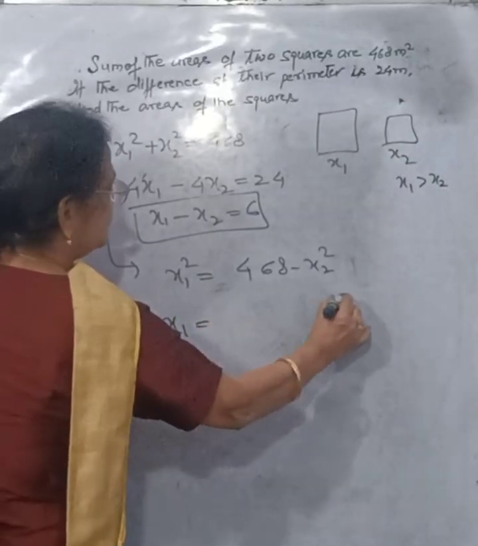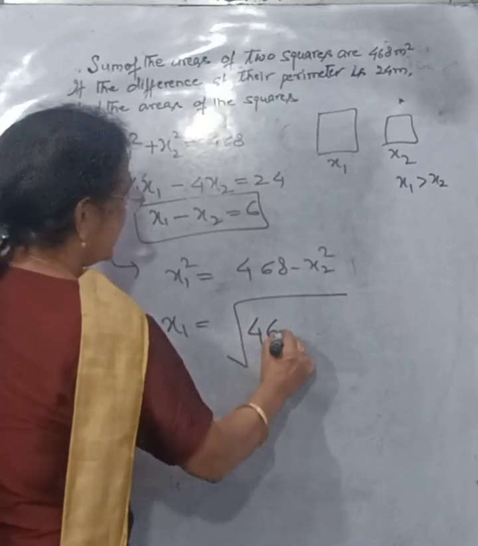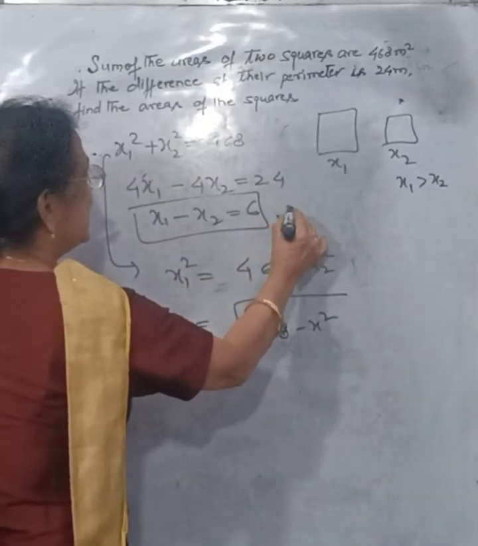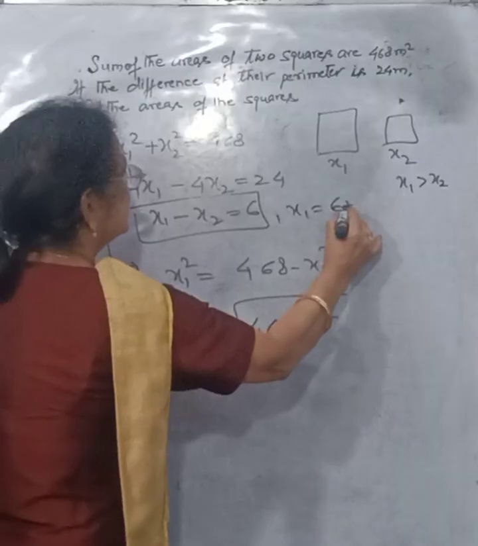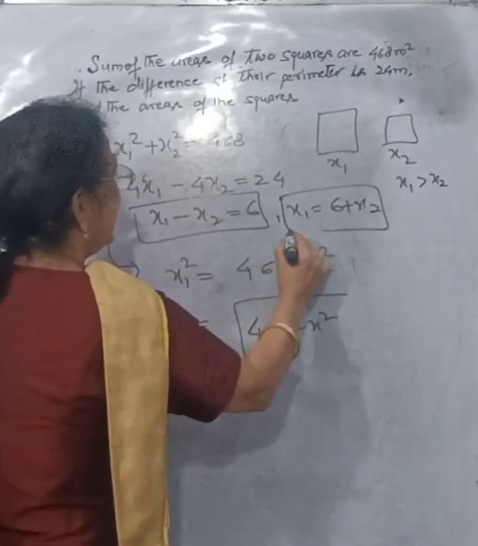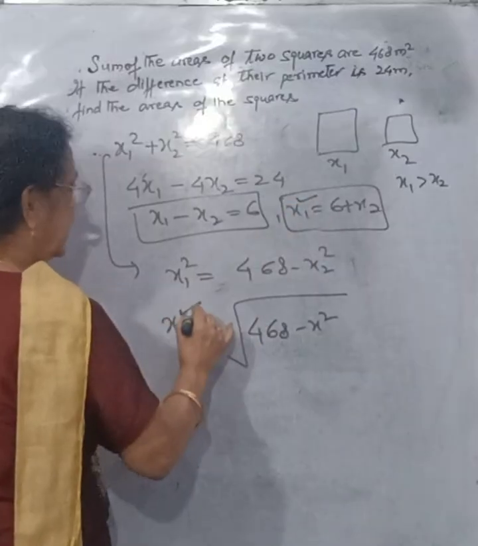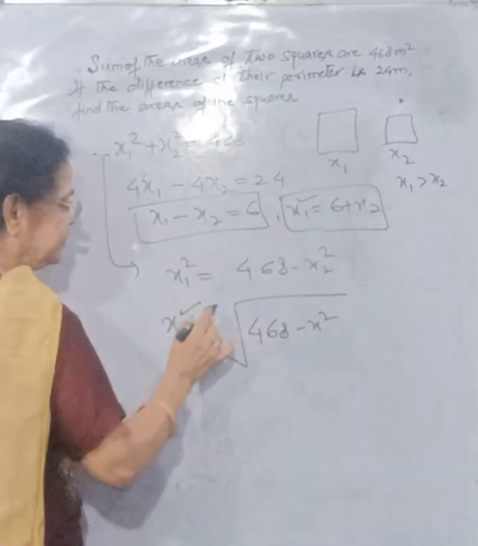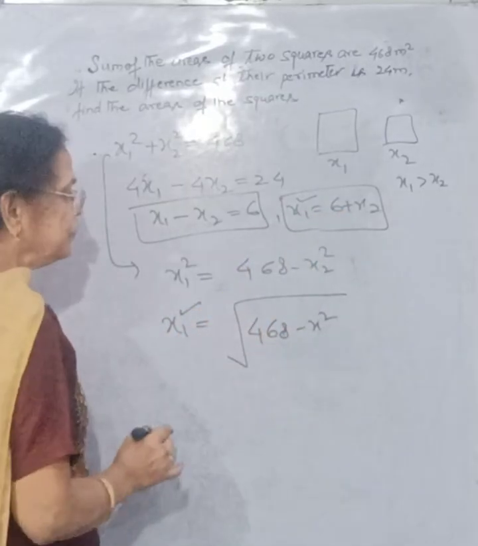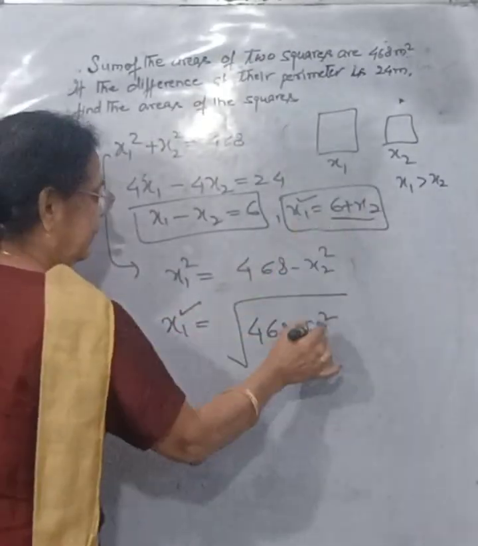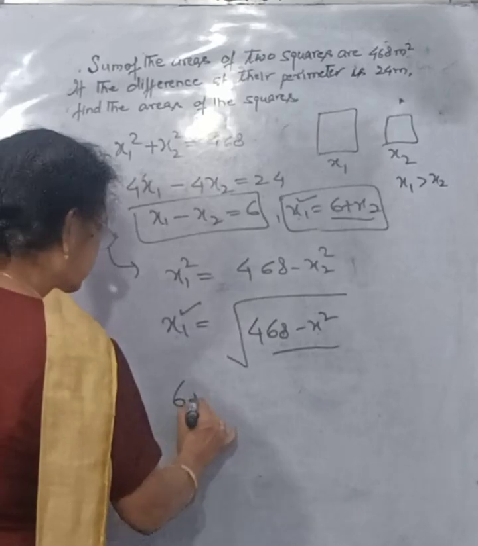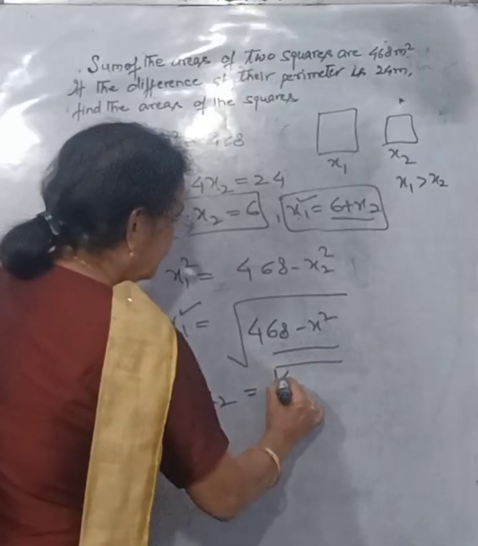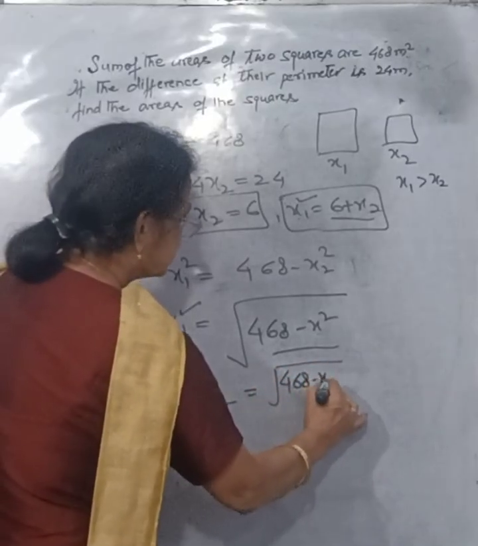From here x1 is equal to 6 plus x2, and here x1 is equal to the root of 468 minus x2 square. So this side will be equal to this side, or we can say 6 plus x2 will be equal to the root of 468 minus x2 square.